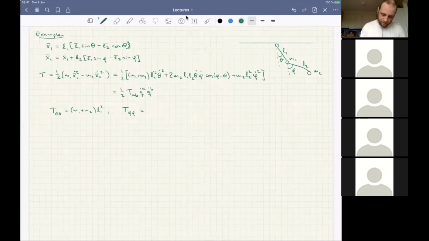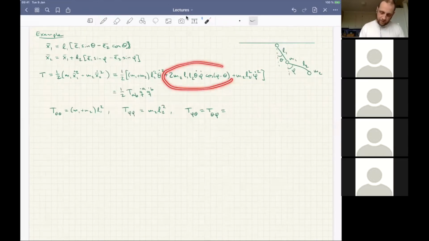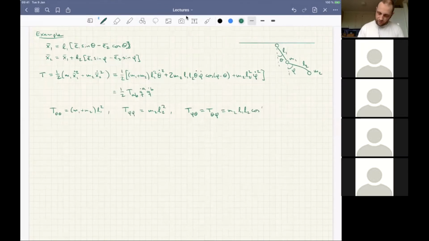So that's m2 times L2 squared. And finally, we have T phi theta, which is equal to T theta phi, which is 1/2 of this term. So that's m2 L1 L2 times cosine of phi minus theta. Any questions on that?